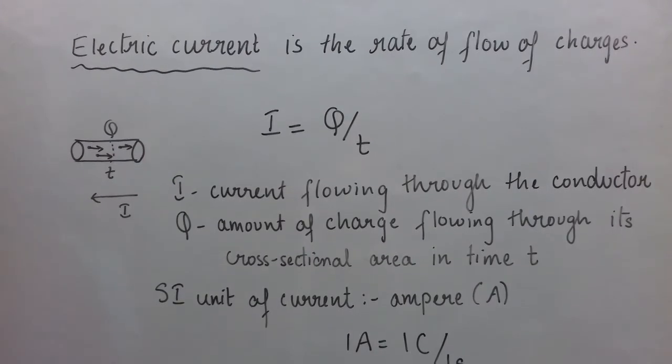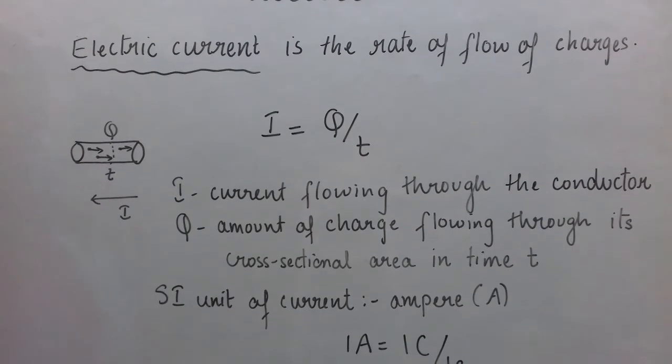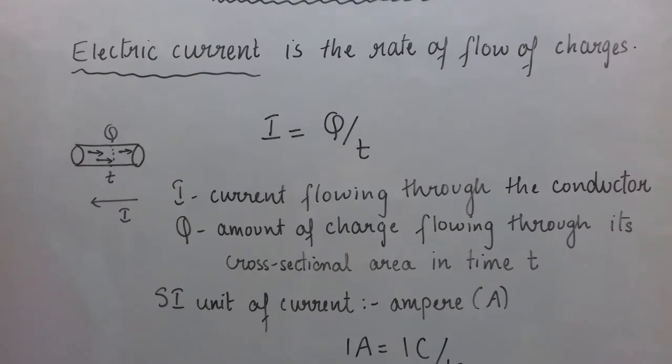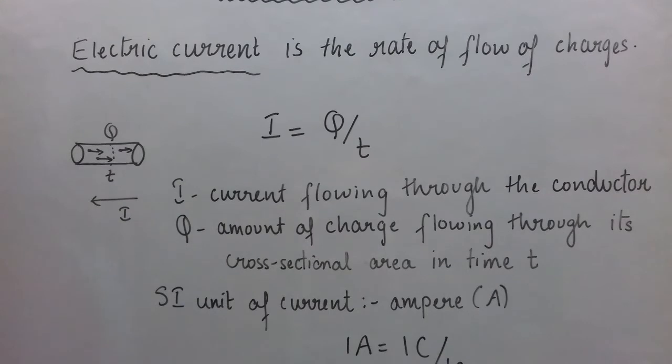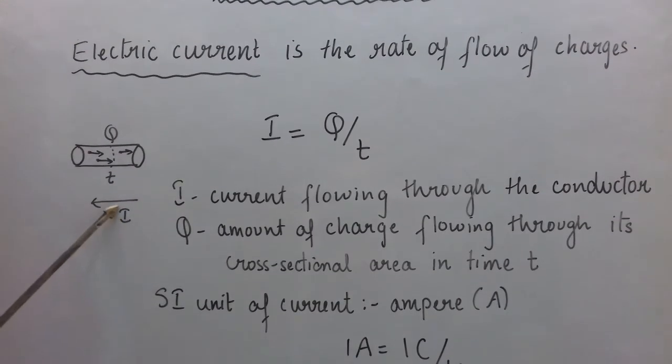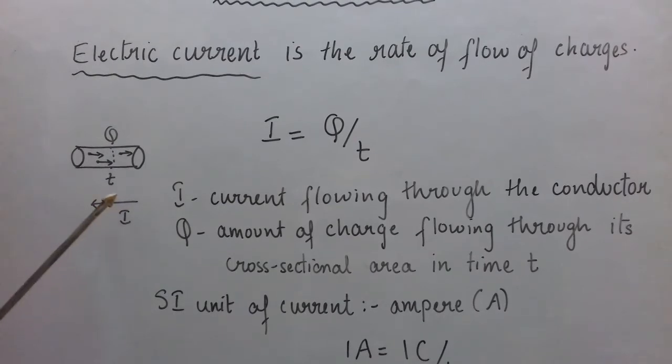So it was said that the direction in which the positive charge flows should be taken as the direction of electric current. And by convention, the same thing is used now also. The direction of electric current is taken as the direction in which the positive charge moves.